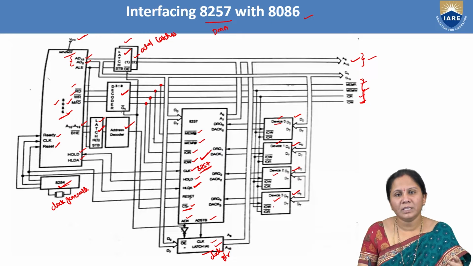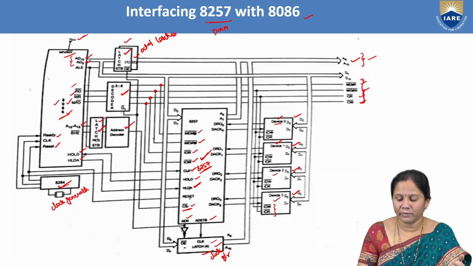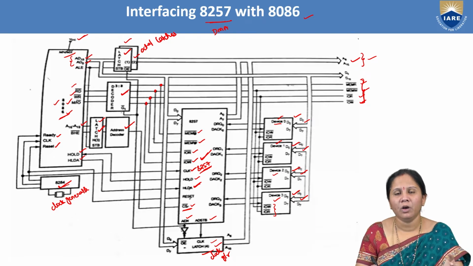So from these devices, the DMA controller can read or write to these IO devices using the signals IO read and IO write. Here D0 to D7 are the data lines. Using this 8-bit bidirectional data bus, the 8257 DMA controller will be transferring the data to the 8086 microprocessor.